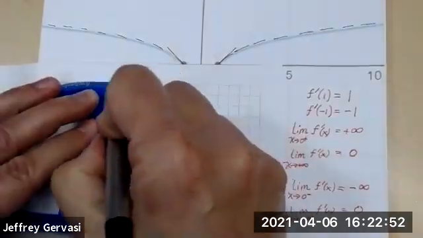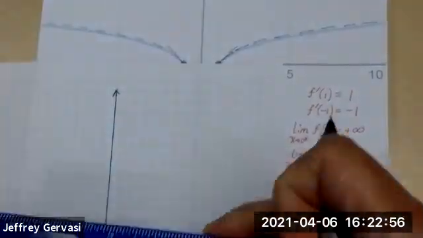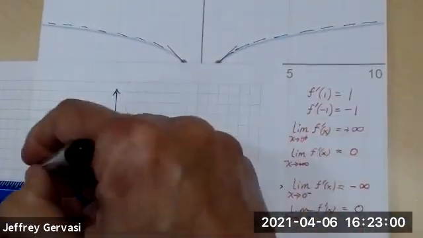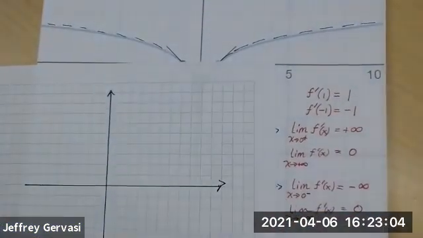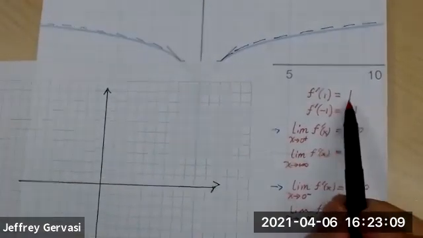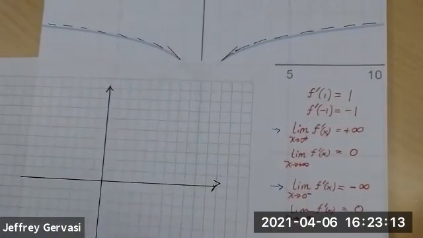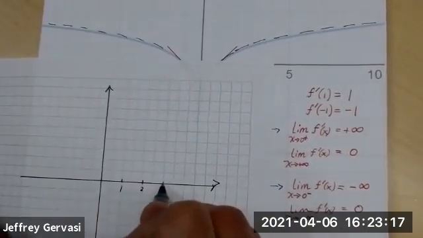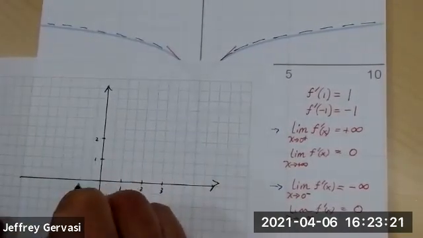All right, so here is our y-axis. Okay, now, according to this, the derivative at x is equal to 1. Let's go 1, 2, 3, 1, 2, and so on.